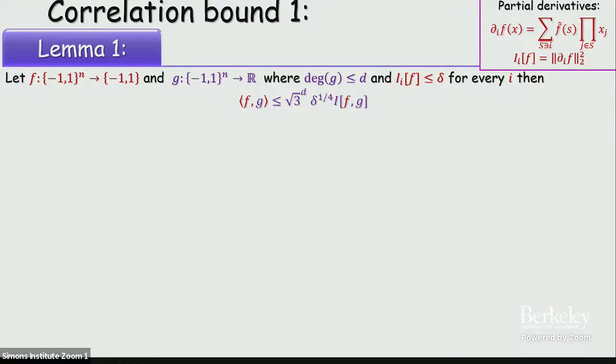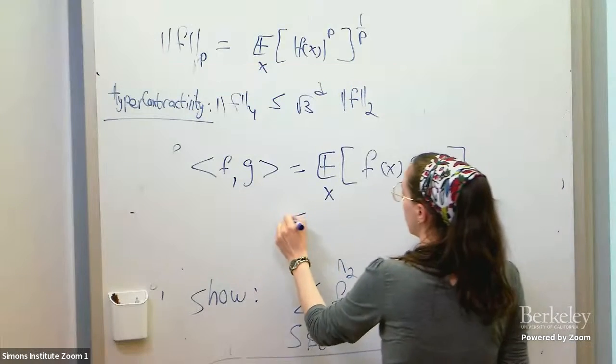Then what we want to prove is a bound on the correlation between f and g, which is just the expectation over all the values of f(x)g(x).